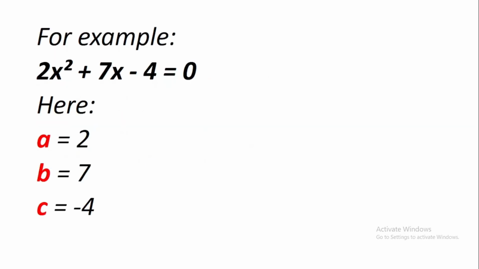For example, with the equation 2x squared plus 7x minus 4 equal to 0, a would be equal to 2, b would be equal to 7, and c would be equal to negative 14.